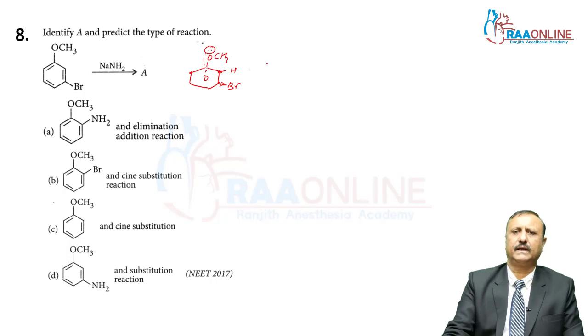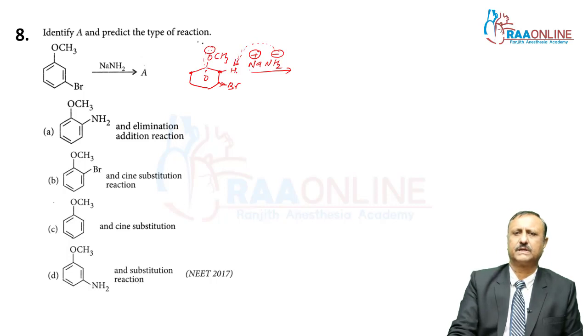Here, when this NaNH2 reacts, you can see sodium is present in cation form and NH2 is present in anion form. So this NH2 minus attacks the H plus ion. This H plus is present in hydrogen because this carbon atom is electronegative in nature due to the donation of the oxygen lone pair of electrons.